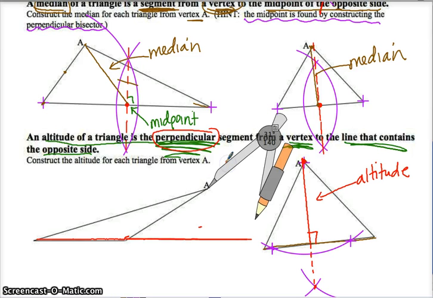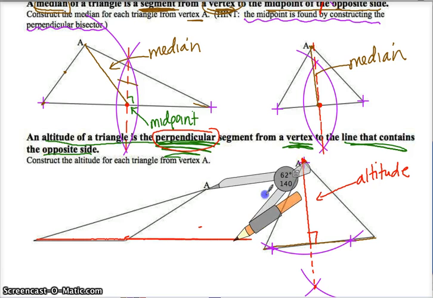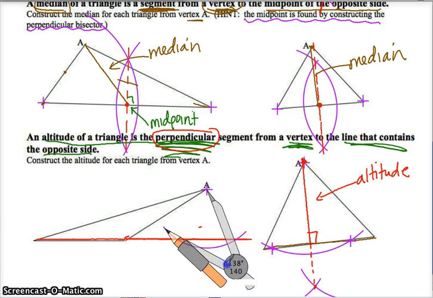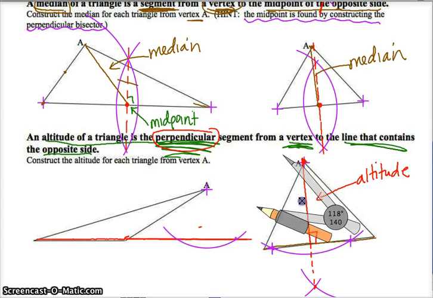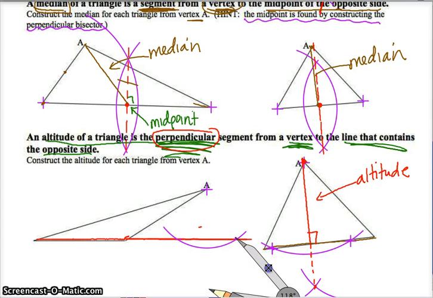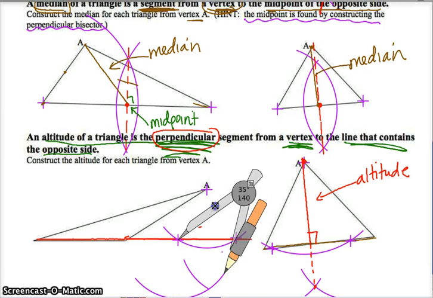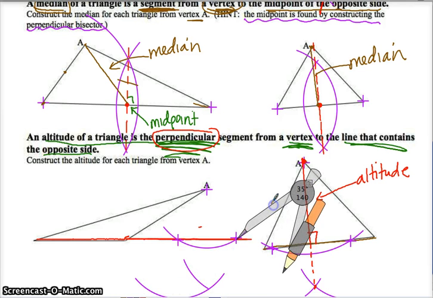Here's my A. I'm going to put my compass tip on that letter A, and now I'm just going to intersect my extended line in two places. I put my compass here and here. I do another point of intersection. So I need to do that again.